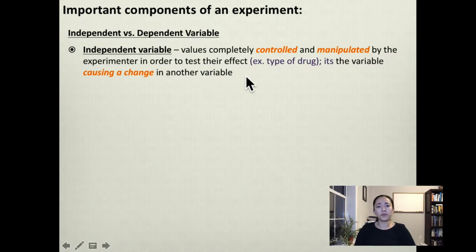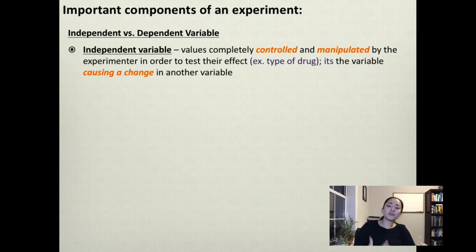on another variable. For example, let's just say a researcher wants to know how different types of drugs affect blood pressure. So the type of drug is what the experimenter has complete control over, so therefore the type of drug is the independent variable. Also, the independent variable tends to cause a change in another variable.